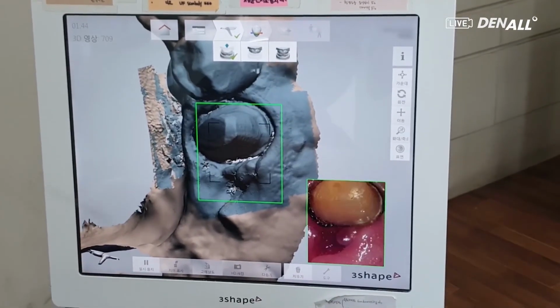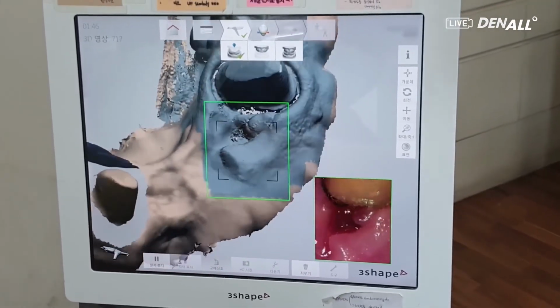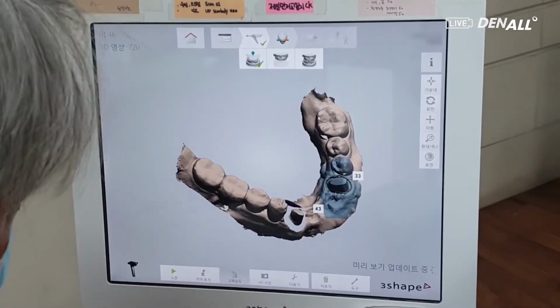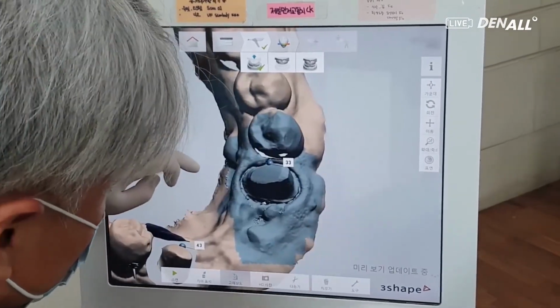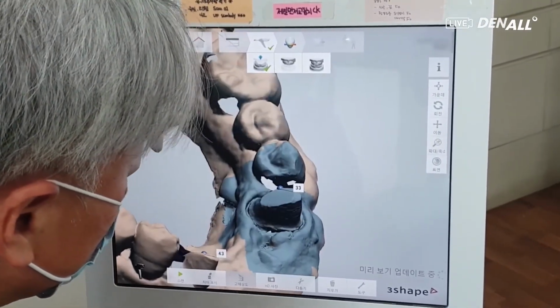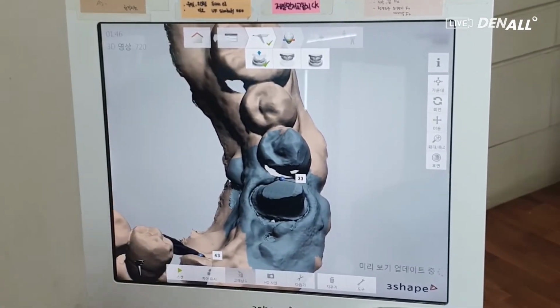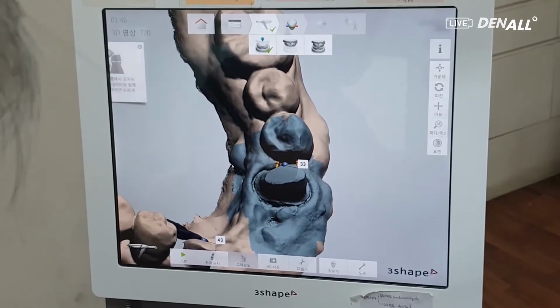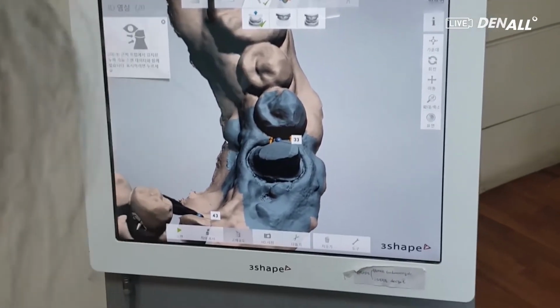To produce a satisfactory fit for the patient, contact points with the adjacent teeth and occlusion with the opposing teeth need to be reproduced properly. Therefore, in acquiring scan data, we try to get very precise data patiently, like this.